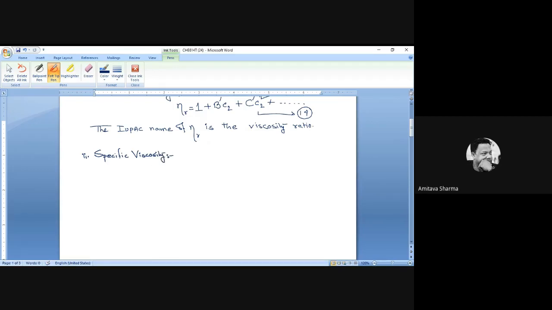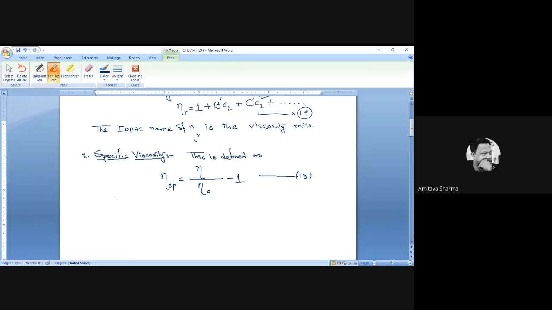So what is specific viscosity? This is defined as eta by eta 0 minus 1, and this is equation 15.